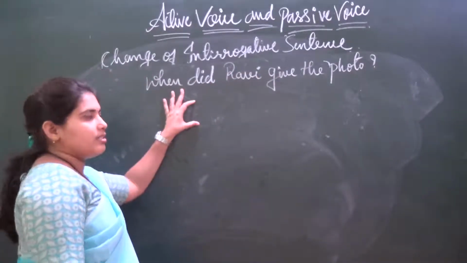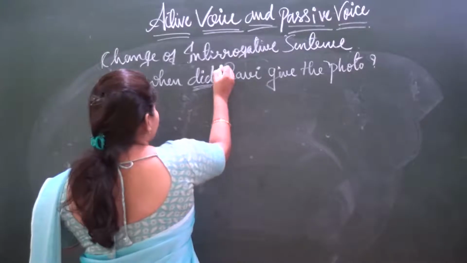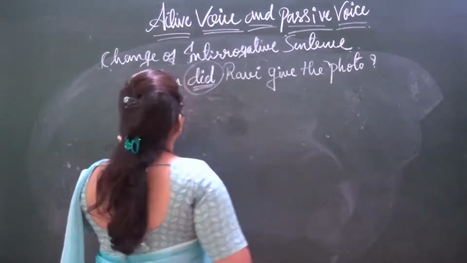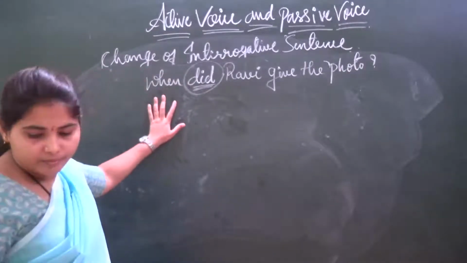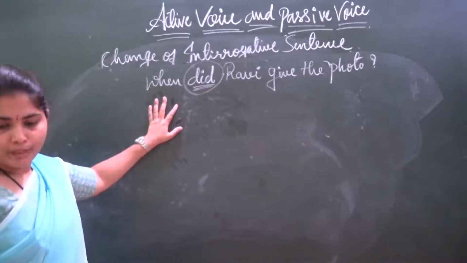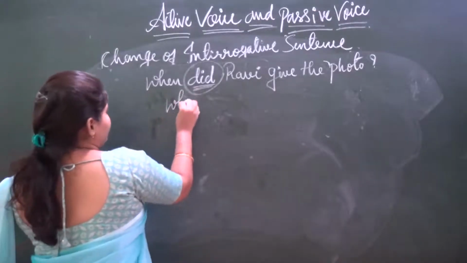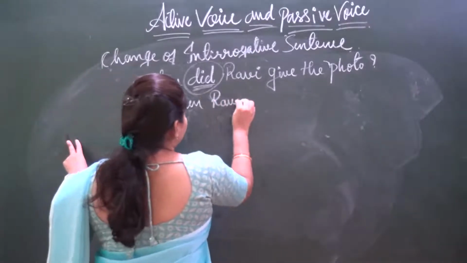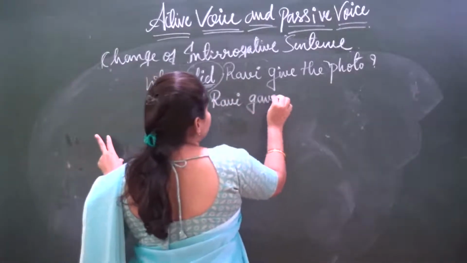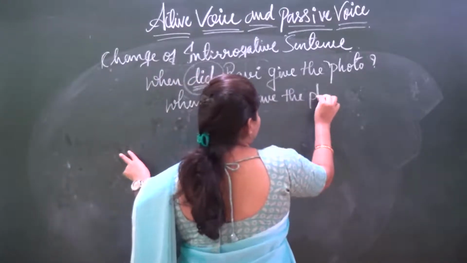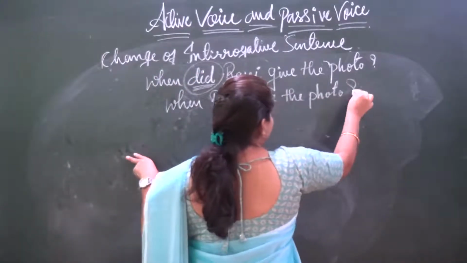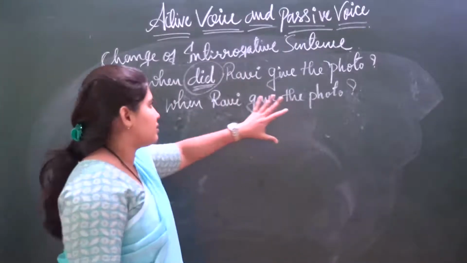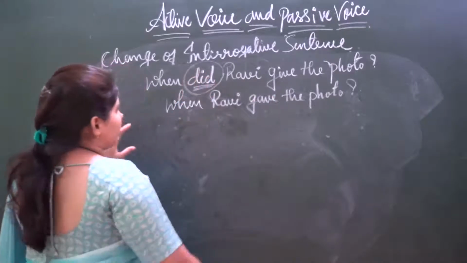So again it is the past tense. Here "did" is there, so after converting into the passive form, we should not use the "did". Now what we have to do here is, when Ravi, just change it into the past tense. When Ravi gave the photo, just change it as per the rule.